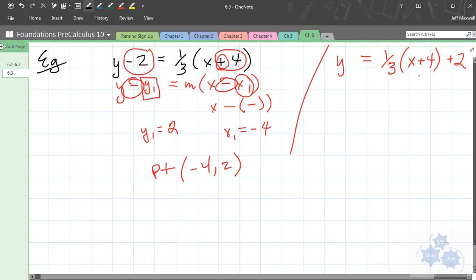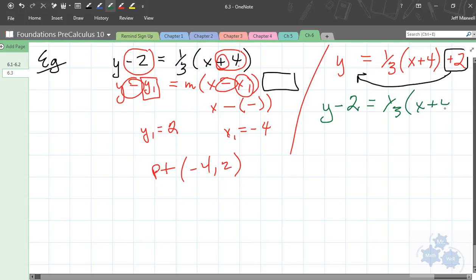So this is the exact same line. And you may say, well, Mr. Maxwell, that's not part of the format that you gave us. There's nothing over here. Well, that's true. So in order to get this into this format, you have to bring this over to the other side. So if you're given an equation like this, you have to write it in the proper form. Then those rules will always apply. See that?